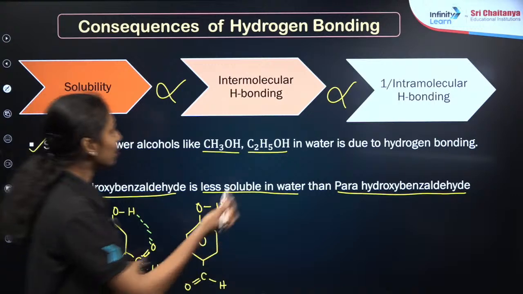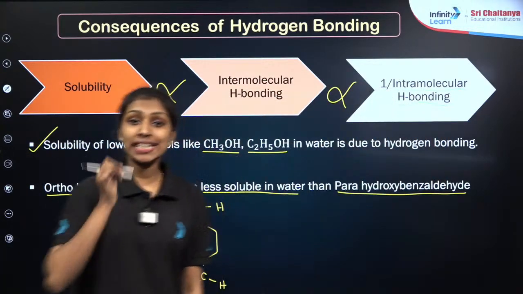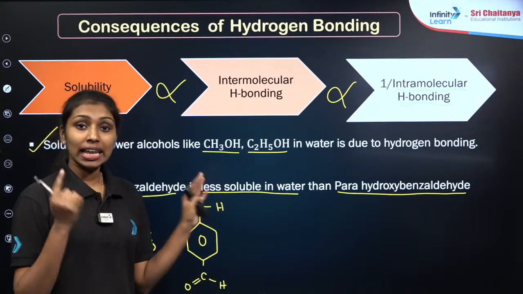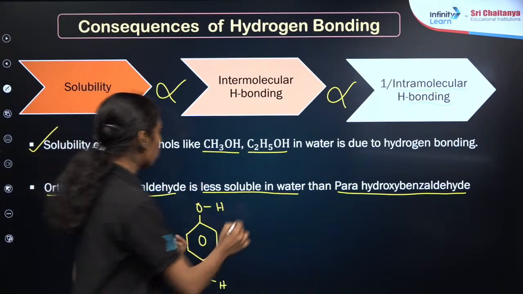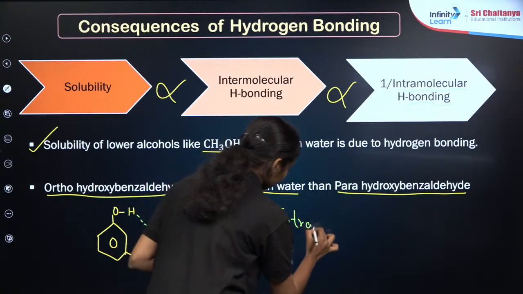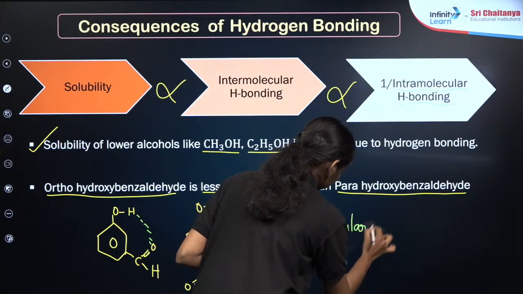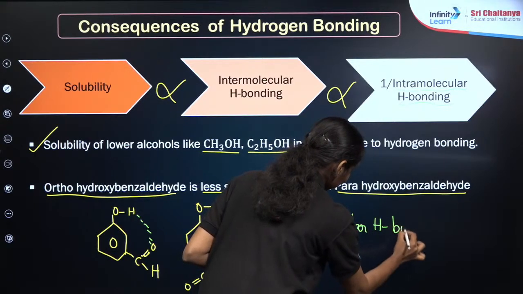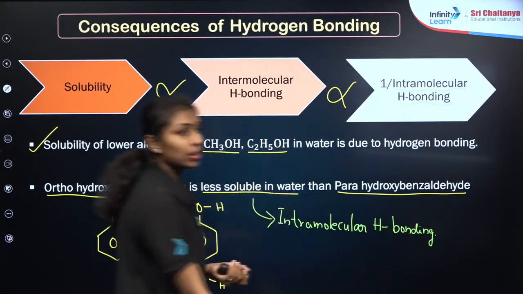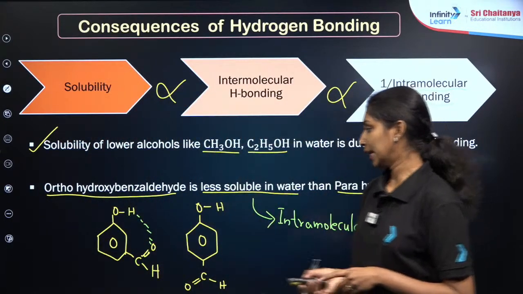Whenever a molecule contains intramolecular hydrogen bonding, its solubility decreases. That is why orthohydroxybenzaldehyde becomes less soluble in water because of the intramolecular hydrogen bonding. Clear?